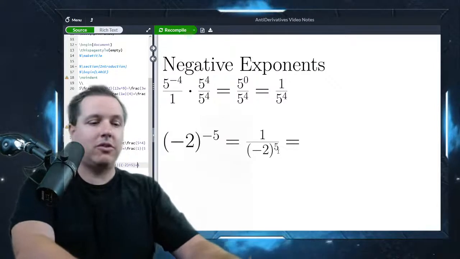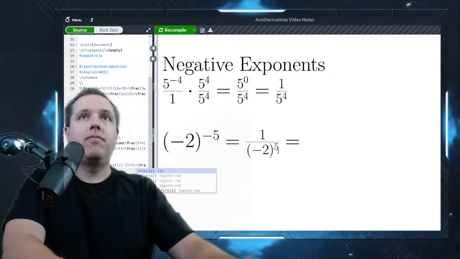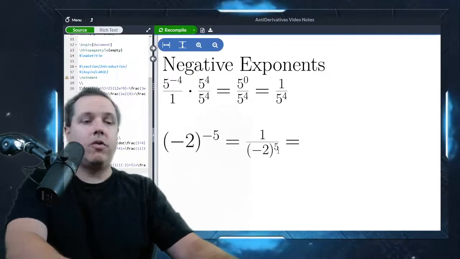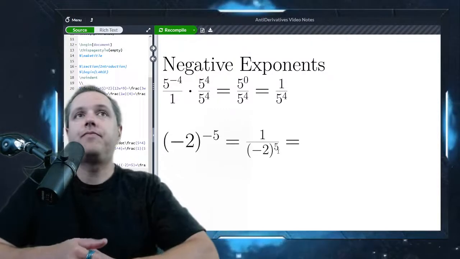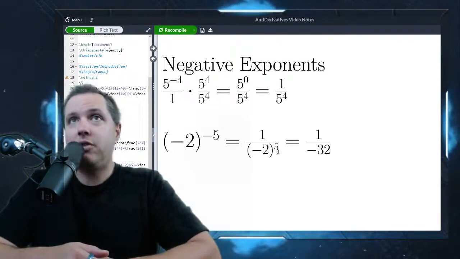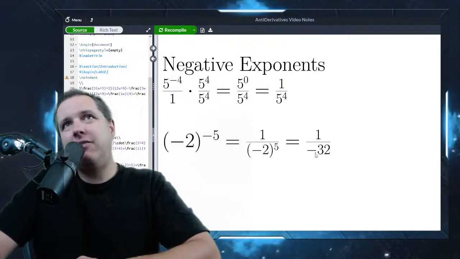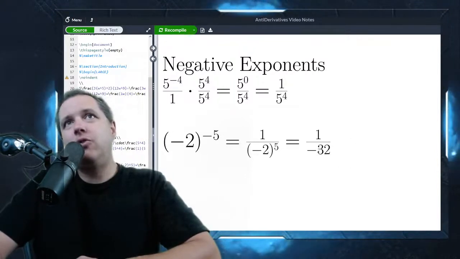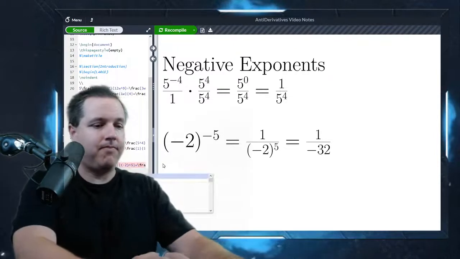So our answer here actually becomes 1 over negative 32. Because that's just negative 2 times negative 2 times negative 2 times negative 2 times negative 2. And now we tend to not like to leave negatives in the denominator, so you could choose. You can either move it to the numerator or you can put it out in front. Either one is considered acceptable.